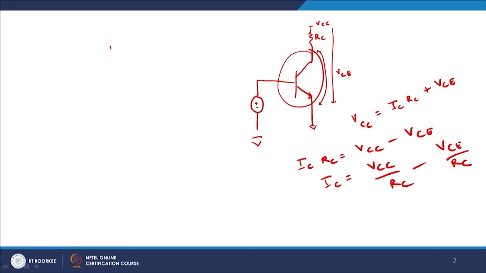Now if you plot a graph, let us say on this side you have IC and on this side you have VCE. Putting the same equation in, at the x axis IC equals 0, and so I get VCE equal to VCC.